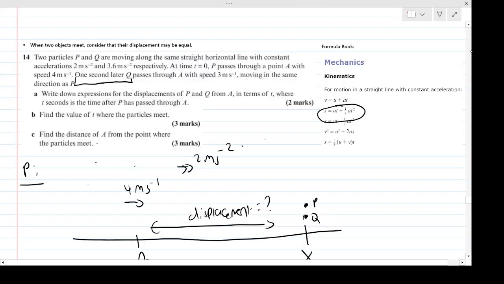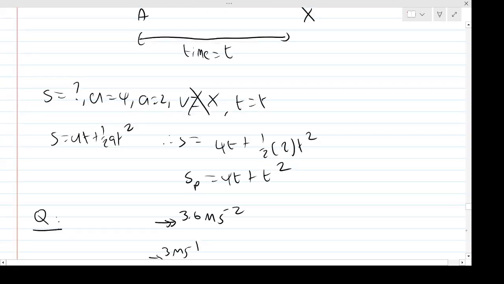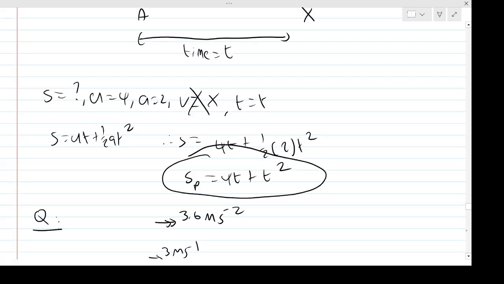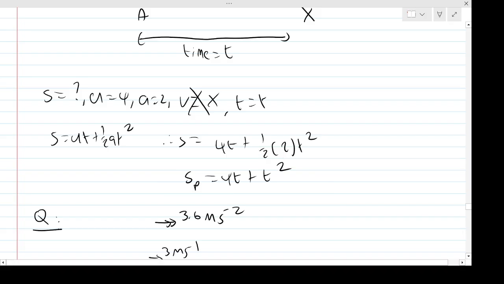So again, the displacement formula gives the displacement away from A at any time T. So we know the time they meet, and then this will give me the distance to where they meet.